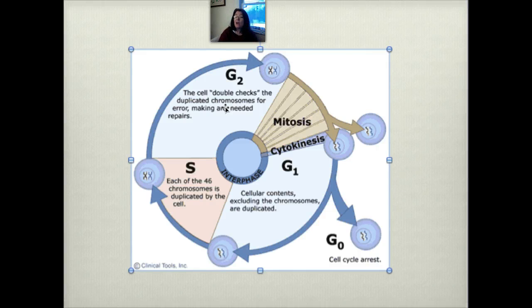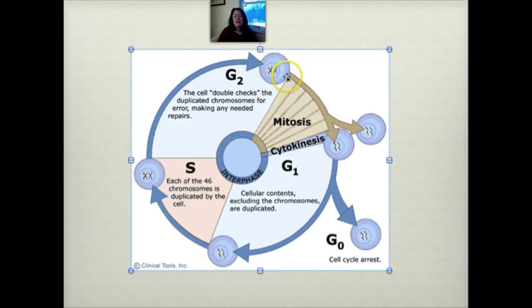And anytime we talk about a living cell, there's always opportunities for mistakes. Now, a cell has a lot invested in making sure that the daughter cells it produces are perfect. And so for that reason, it will put the time and the energy and the resources into double checking the things that have been doubled during G1, S, and G2.